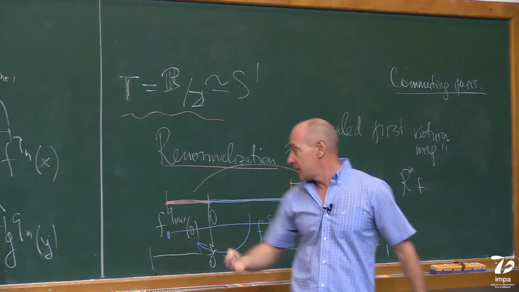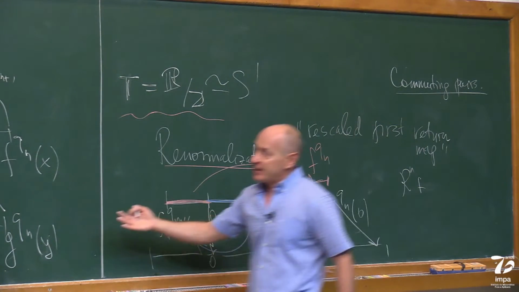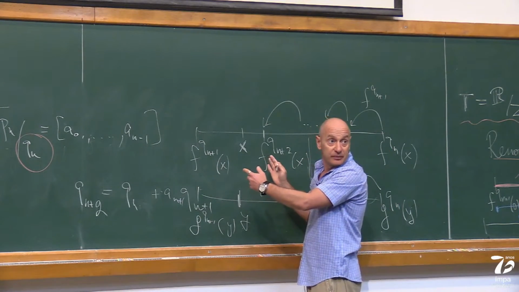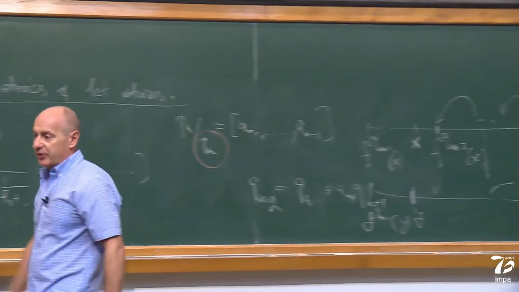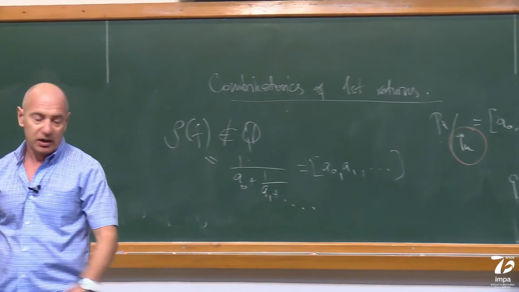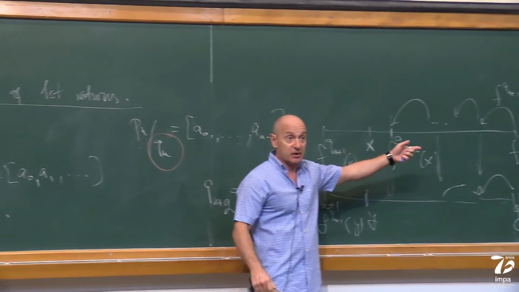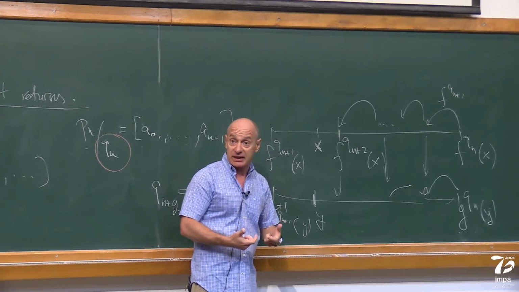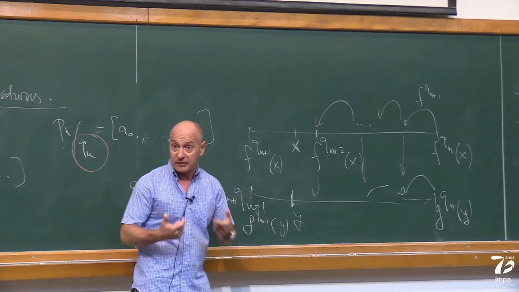Because renormalizations of the maps, after all, are rescaled central intervals in this partition. So if what you care about is smoothness, you care about the relative sizes of neighbors in this partition. And of course, if maps converge sufficiently fast, then the relative sizes will be sufficiently close.